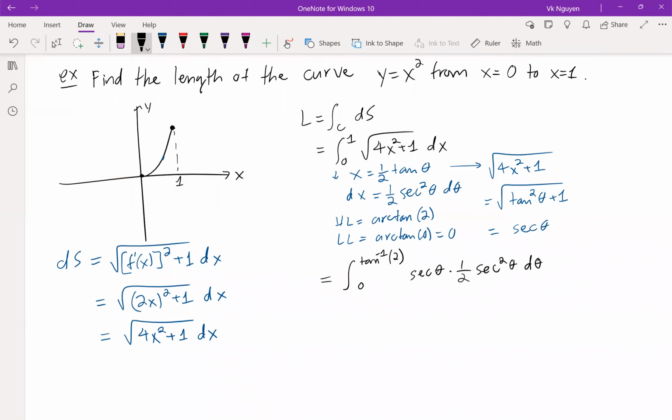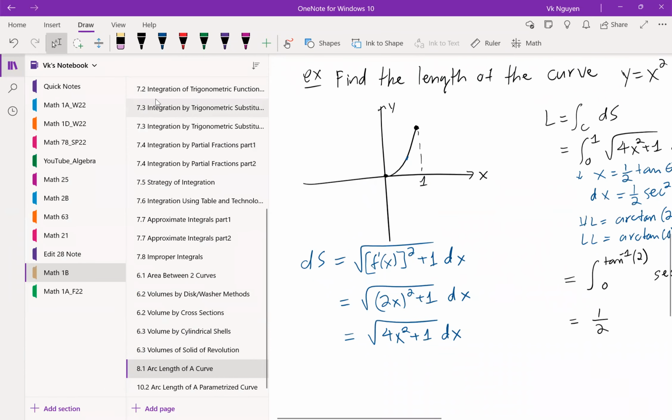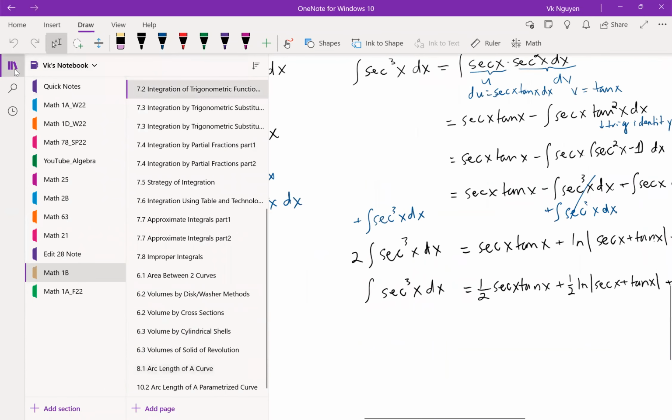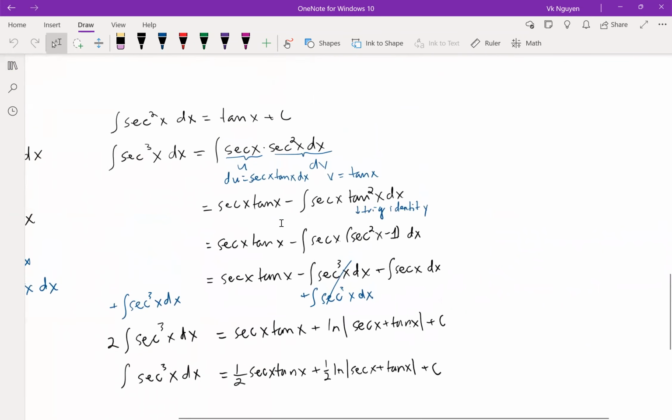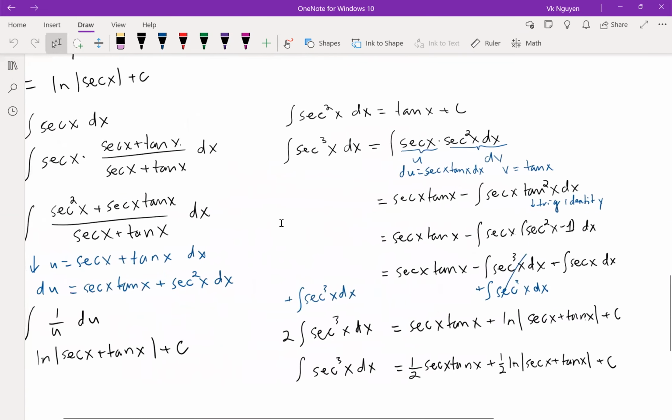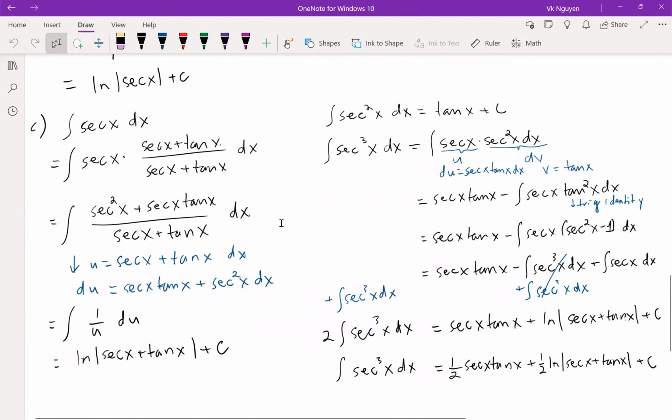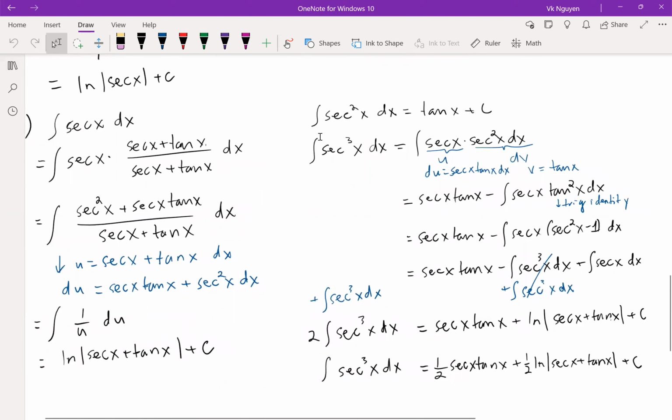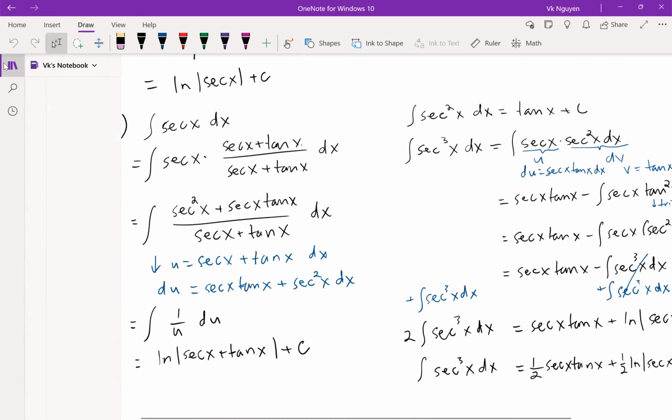Oh, it is just the integral of secant to the power 3, which we know because we did it before. We did it in section 7.2. Yay. And this is the antiderivative right here. Integral of secant to the power 3 x dx. Ta-da. Now let's copy this and use it.